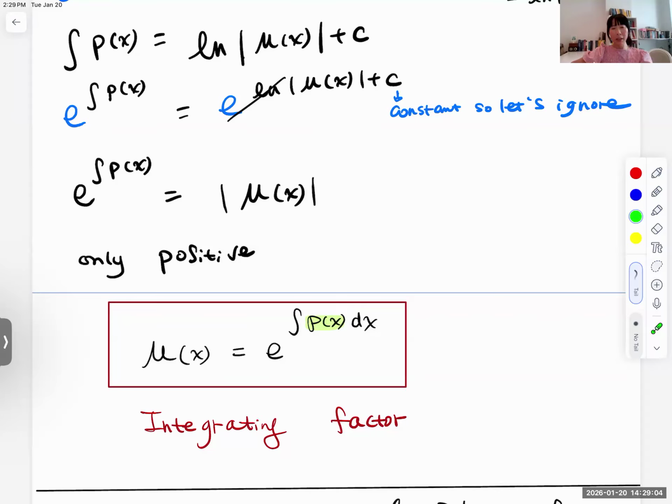Let us do one question, and then we'll keep doing this technique. Make sense? Last question for this section.